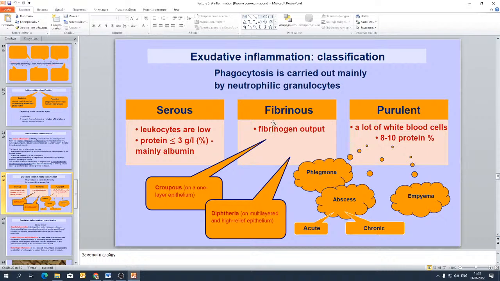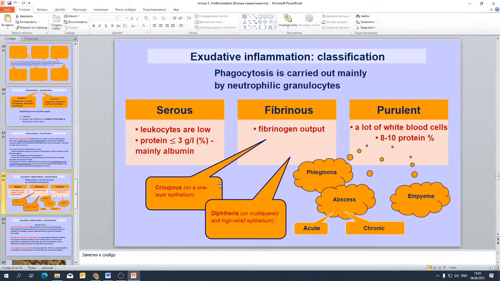If we discuss fibrinous inflammation, here fibrinogen comes out. This type is divided into two subtypes: croupous inflammation and diphtheritic inflammation. In croupous inflammation, a layer of fibrin forms, and it is very often localized in single-layer epithelium.